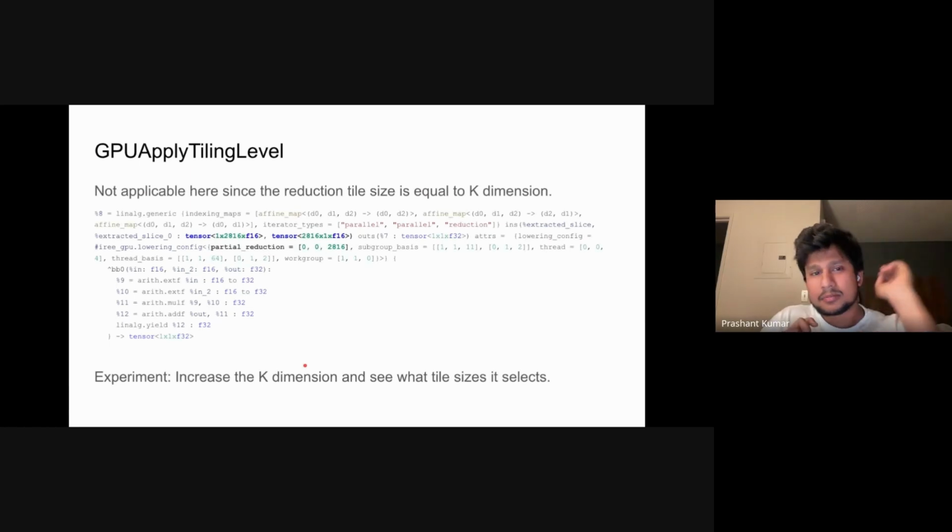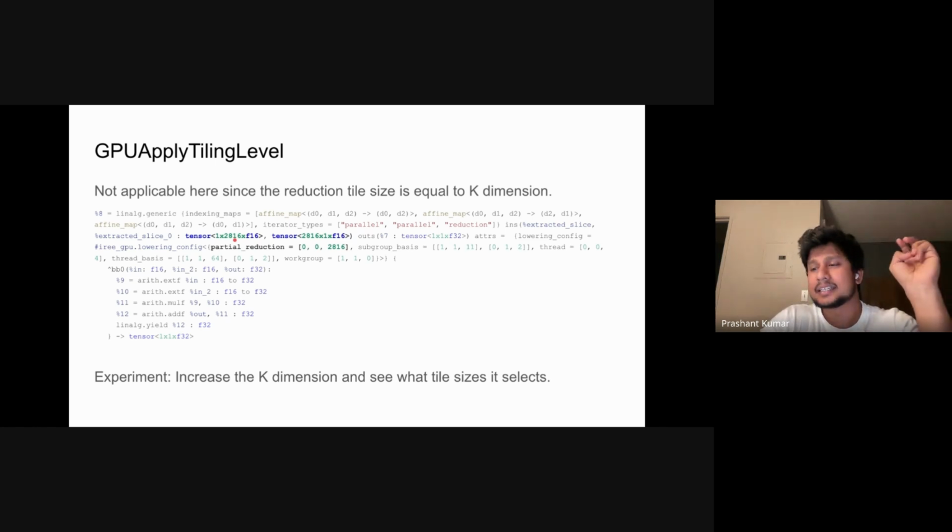Next. Again, it goes through the GPU apply tiling level pass. Over here, you'll see that the partial reduction size is 2816 and the K dimension size is again 2816. So in this case, it won't do any tiling over here. This is a reduction tiling, so it won't generate a scf.for over here.